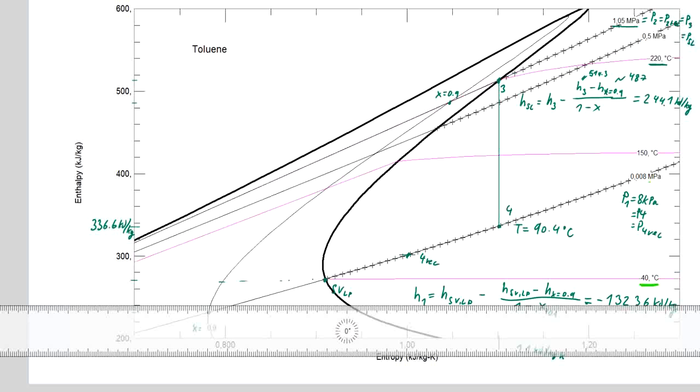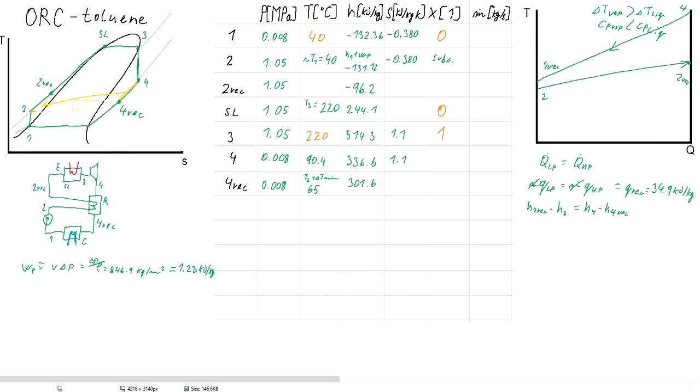And still this is quite far away from the range in the diagram, but if you would consider some specific heat capacity of the liquid, which is about 2.1 kilojoules per kilogram Kelvin, so you can get also to the temperature at the point 2 recuperated, which would be 59.8 degrees C.